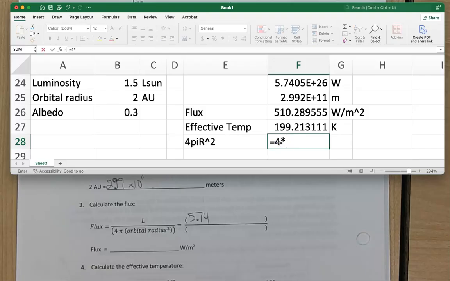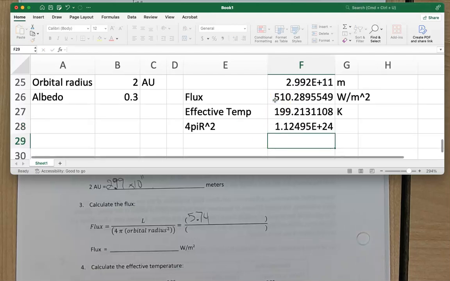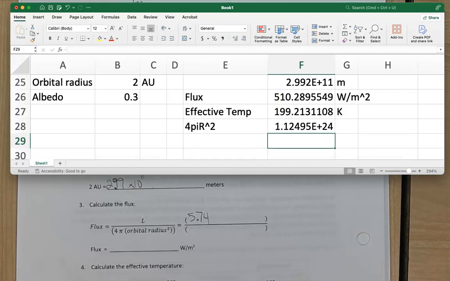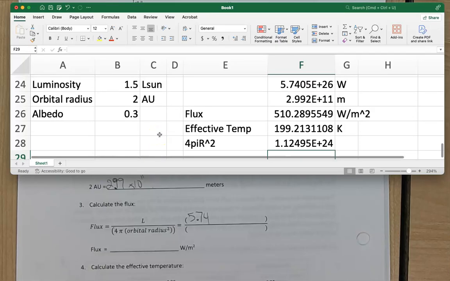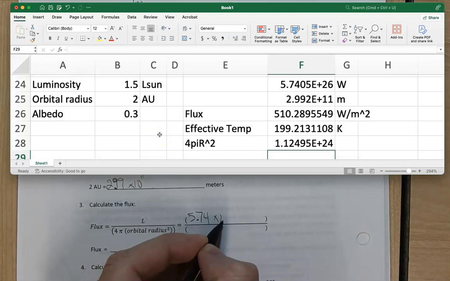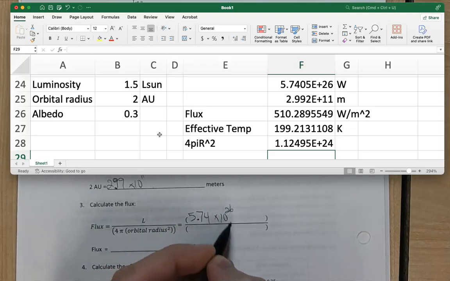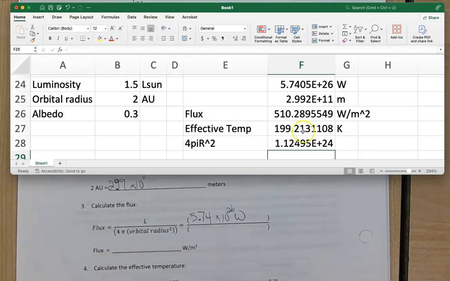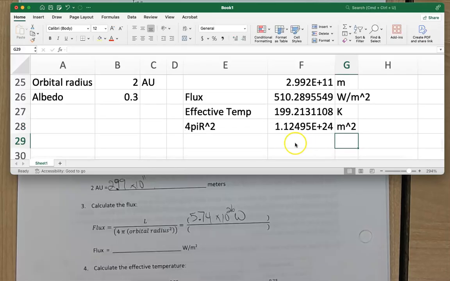So 4 times pi times the orbital radius squared will be, okay, go back up here, 5.74 times 10 to the 26th watts divided by, and this will be in units because we're taking the radius in meters squared. This will be in units of meters squared.